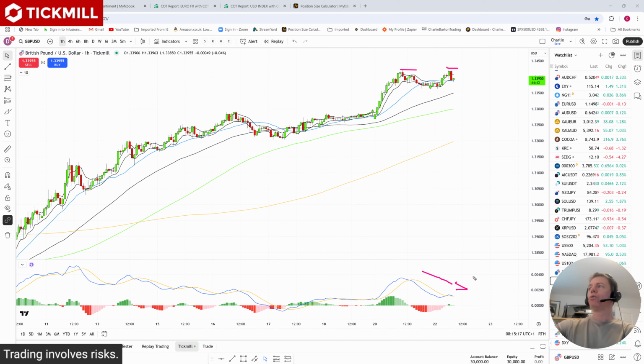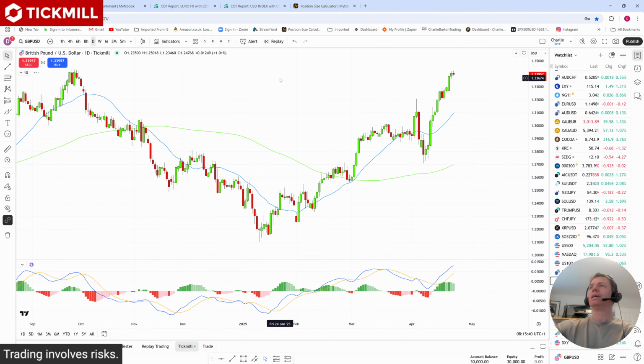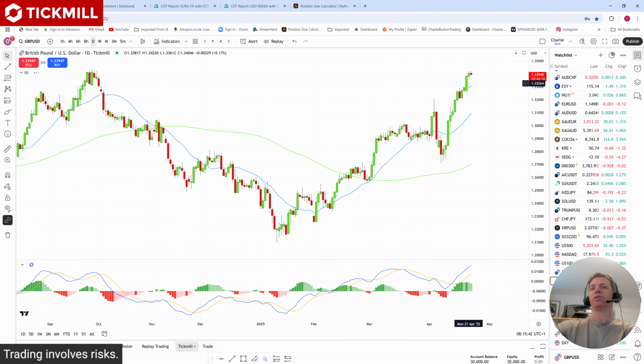So overall, we're getting some ticks coming in, we've got divergences here on the hourly charts on a few of these markets, plus we've got the pound into resistance on the daily charts as well.